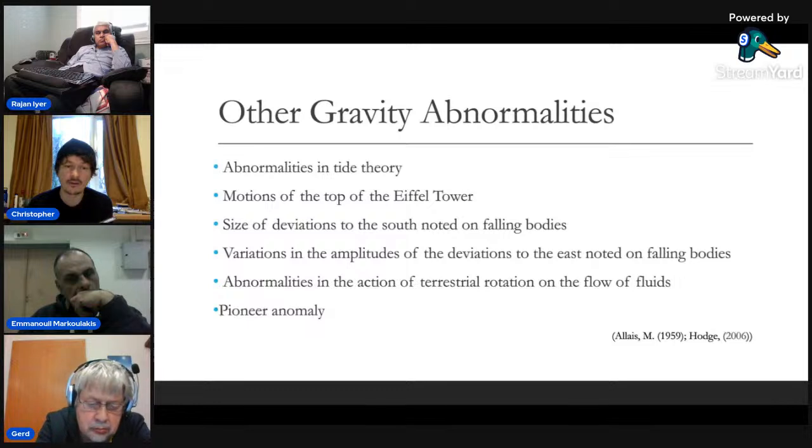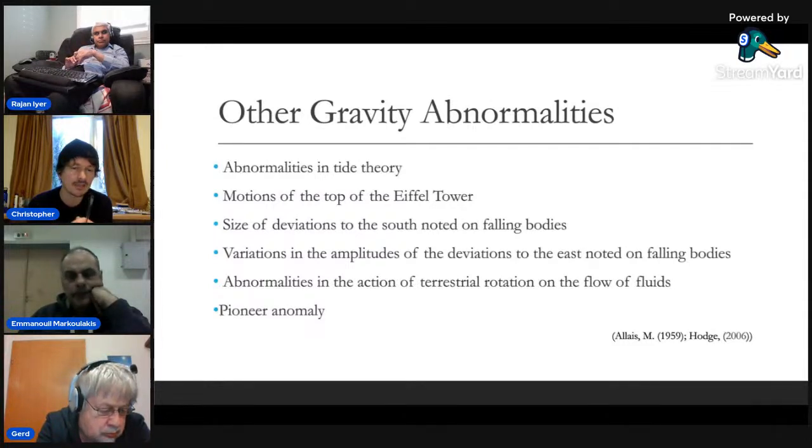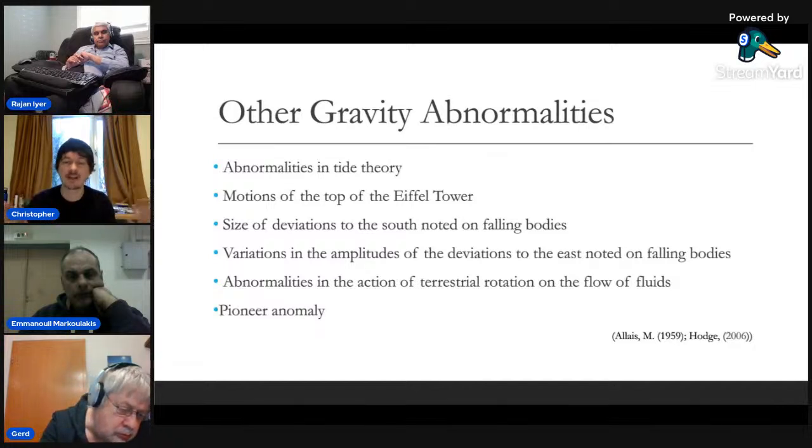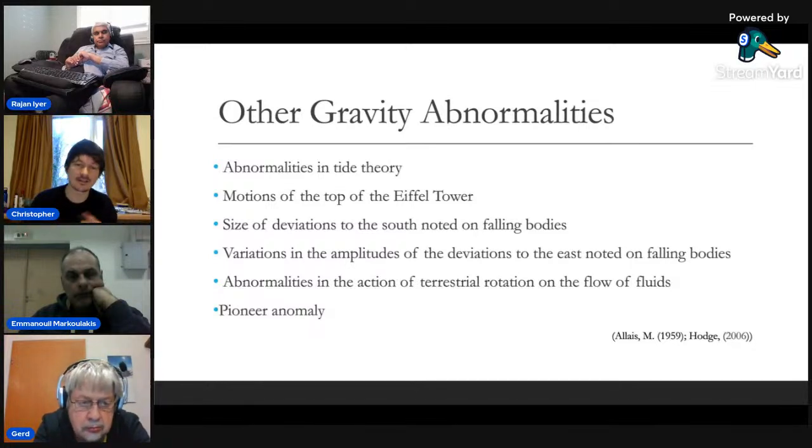Then we also have other gravity anomalies. One that John Hodge looked at, the Pioneer anomaly. I believe the Pioneer anomaly is explained in the literature as something to do with radiation: one side is getting radiation from the sun, the other side isn't, so there's a slowdown.